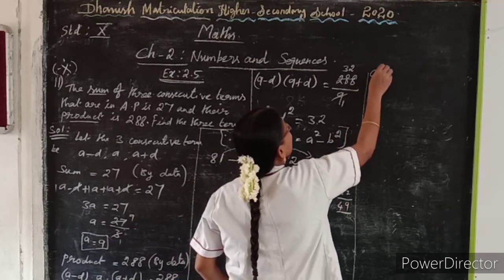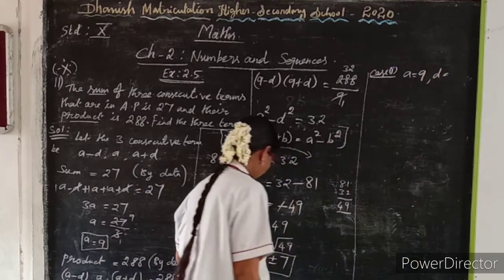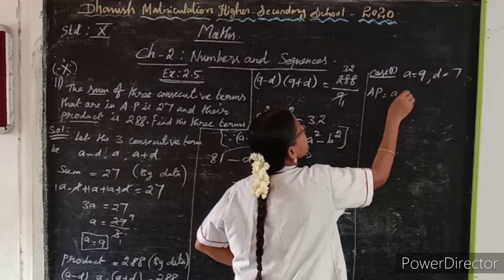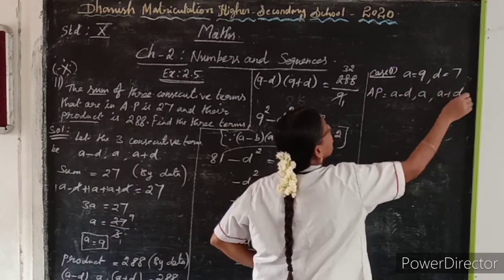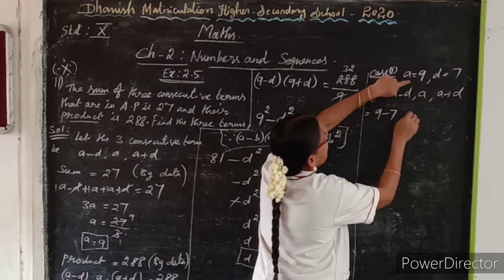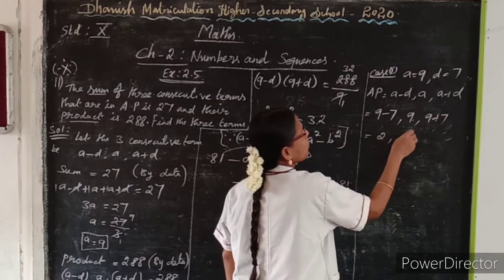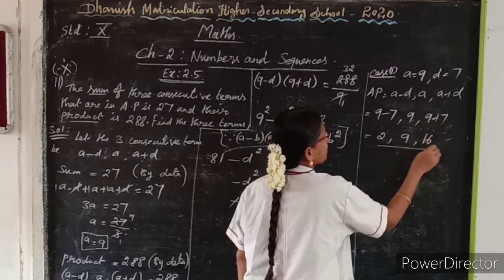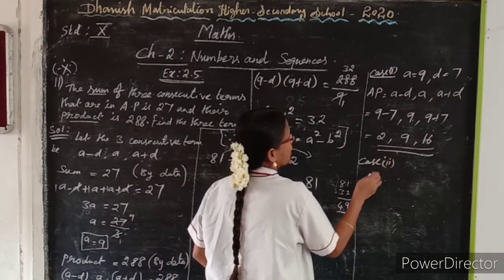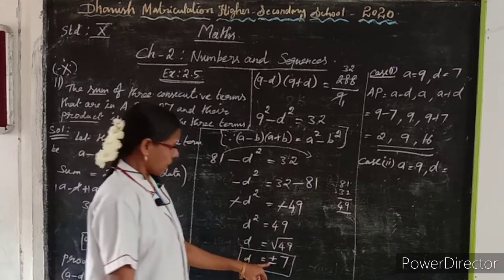So first case, a is 9, d is plus 7. Now take d is minus 7.